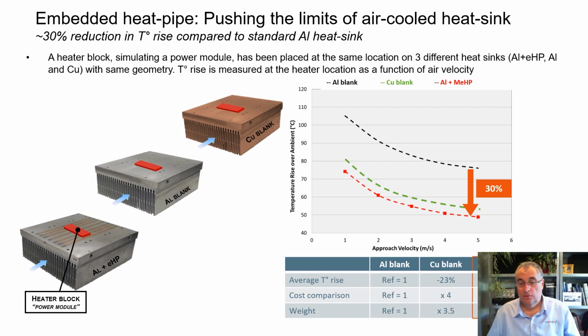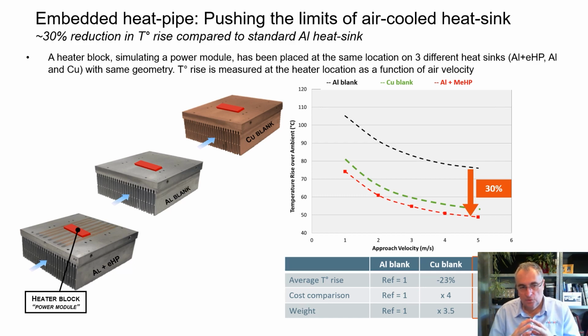Given that, cost-wise, a copper heat sink would probably cost a factor of 4 more than a standard aluminum one, whereas the aluminum plus embedded heat pipe is only, as you can see, 25% more expensive. The weight would be probably 3.5 times heavier for copper, and is almost the same for the aluminum heat sink. So it shows how important it is, and it works very well.